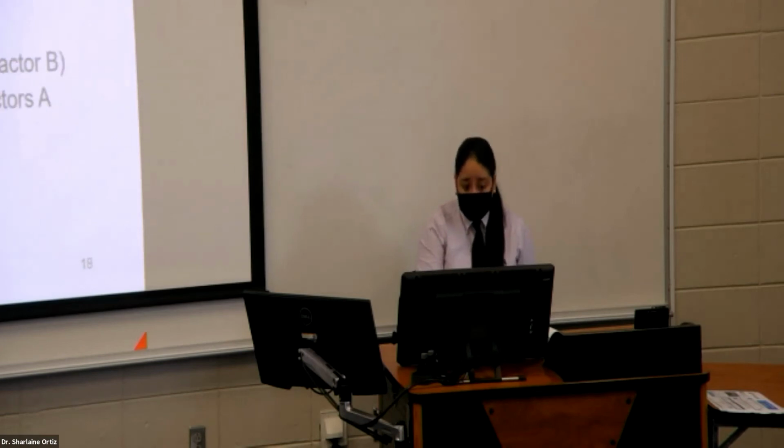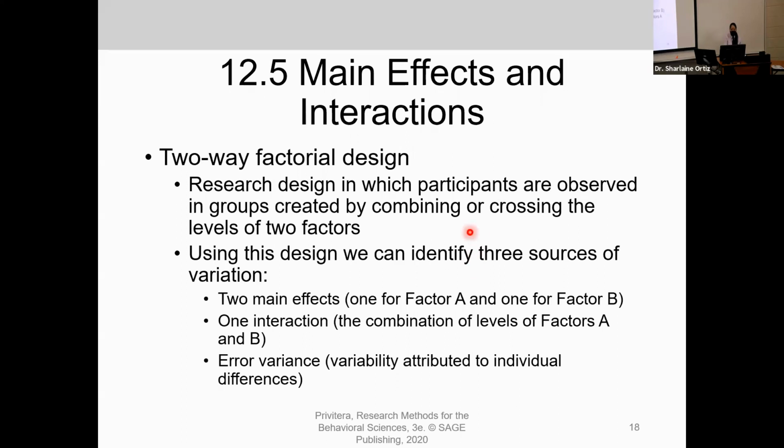So earlier, we were talking about aspects of the two-way factorial design. And let's cover it a little bit more in detail. Notice that a two-way factorial design is one in which we are creating those groups based on our combination or crossing of the levels of both factors, of two factors.